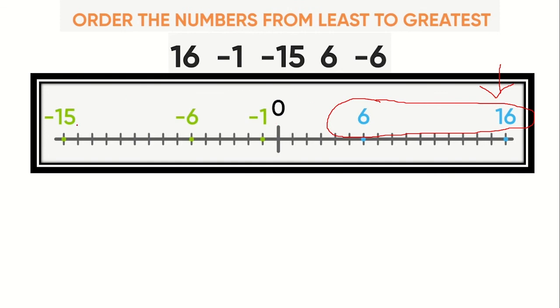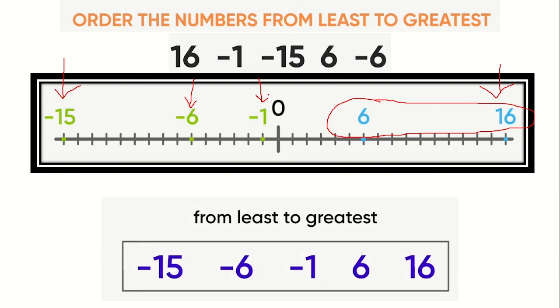Since negative 15 is the farthest number from 0, it is the least compared to negative 6 and negative 1. Next to negative 15 is negative 6, and then we have negative 1. So the correct order here is negative 15, negative 6, negative 1, 6, and 16.